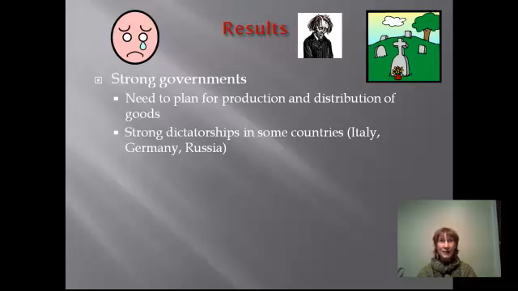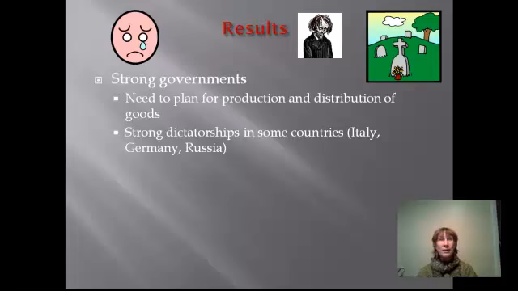More results. Immediately, right after the peace settlement, we could see what was happening. First of all, even among the winners, governments grew larger and stronger, because governments were used to telling people what to do during the war.